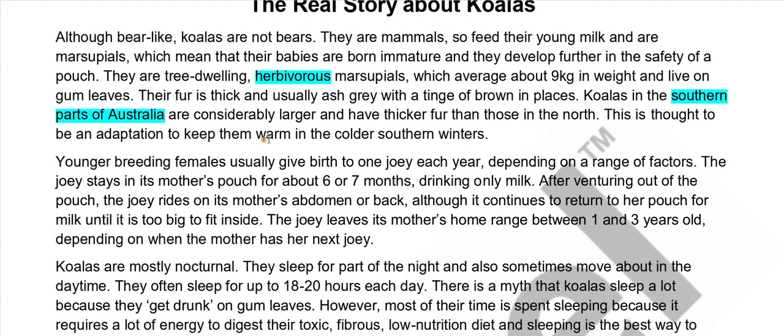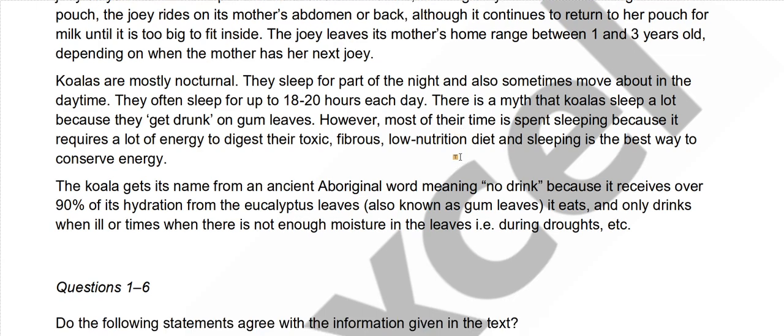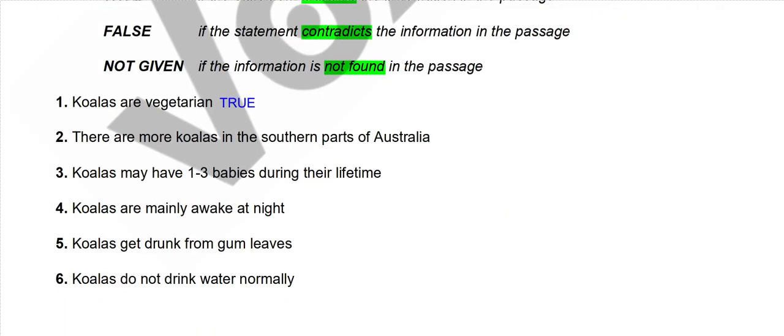So though there is a comparison between koalas living in the southern part and in the north, it is about their size, not their numbers. This is thought to be an adaptation to keep them warm in the colder southern winters. So we know about the size, but information about the number is not given. So we will say not given.